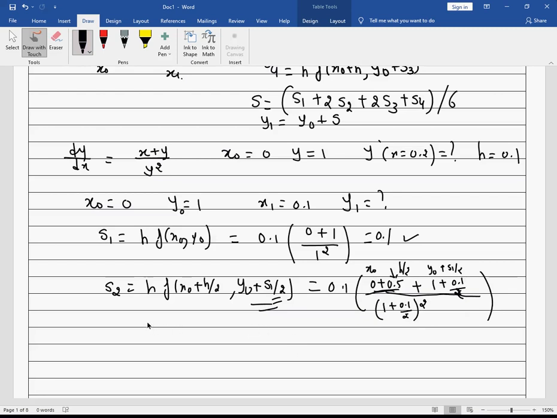So in this way, this is supposed to be calculated, and now you can let me know the value. So again, this is y0 plus s1 by 2. So I got the one answer.